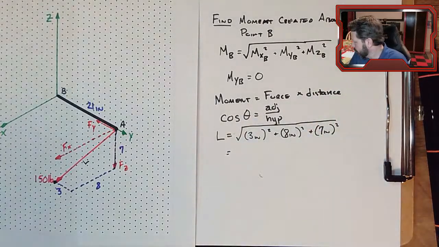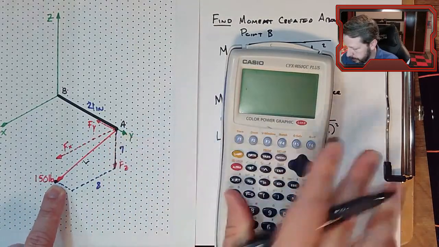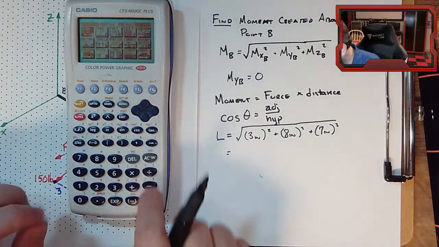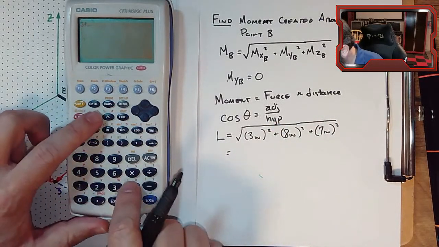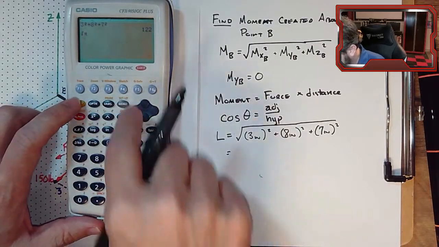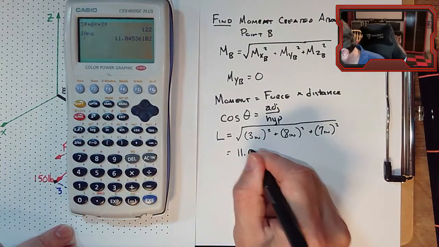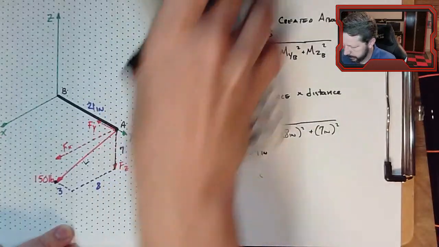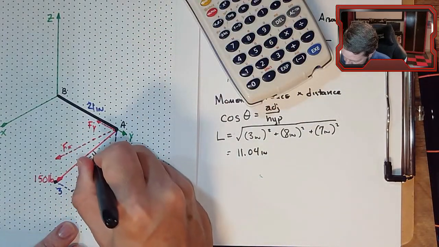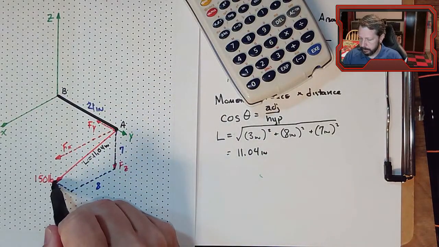We do that math, and the answer is 11.04. So this length from point A to this endpoint is 11.04 inches, which is the hypotenuse in our cosine equation.